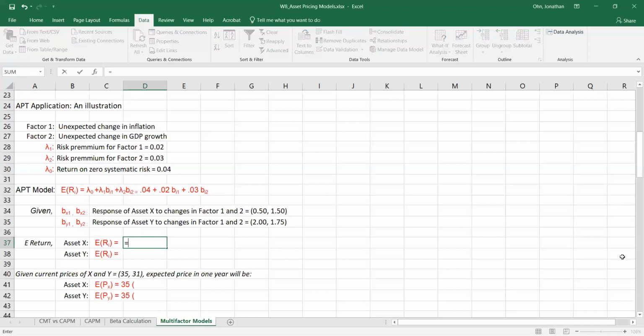So let me do this: 0.04 plus 0.02 times 0.50, plus 0.03 times 1.50. I just entered B1 and B2 in the APT model. Simple, straightforward, nothing complicated.